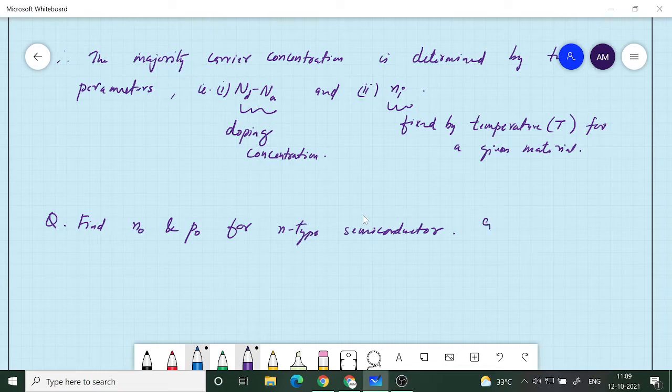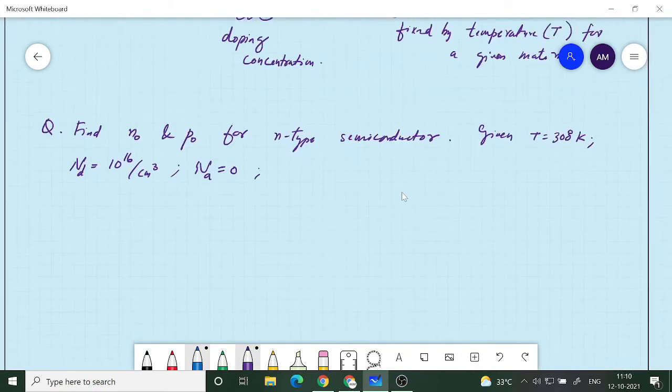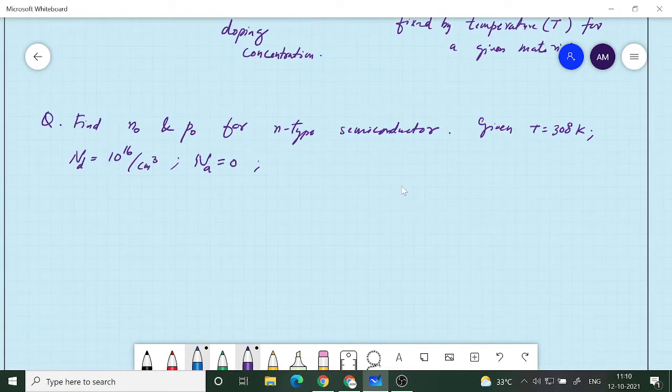Given T is 300 Kelvin, Nd is 10 raised to 16 per centimeter cube, and Na is 0. There is no doping with acceptor impurity, only donor impurities are doped, so clearly it is an n-type semiconductor because Nd is greater than Na.